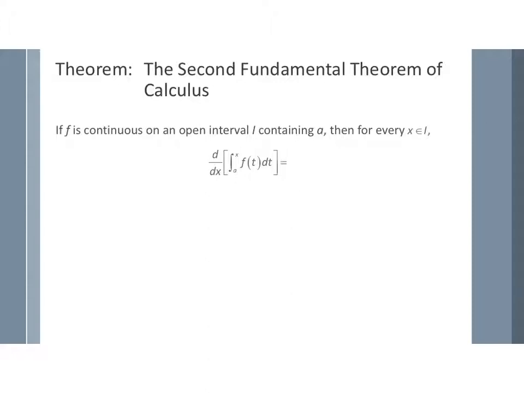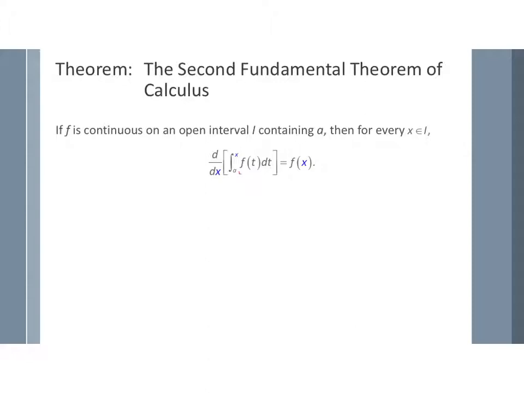So, if you notice, we have the derivative with respect to x, and we have the integral from a to x. And t is again just a dummy variable, standing in the place of whatever happens next. So, the derivative with respect to x of the integral from a to x is going to yield for us just f of x.